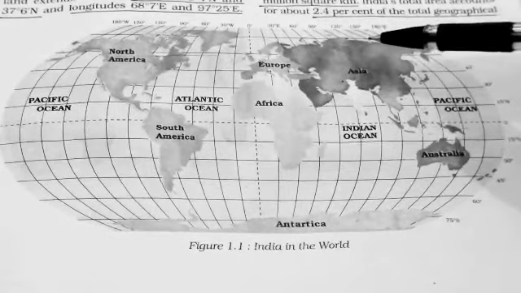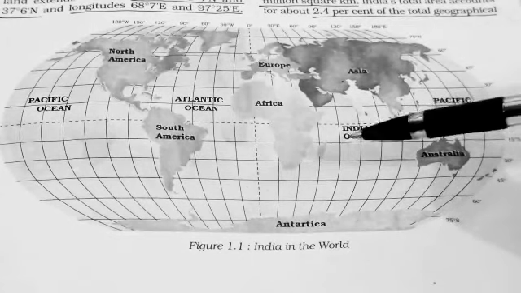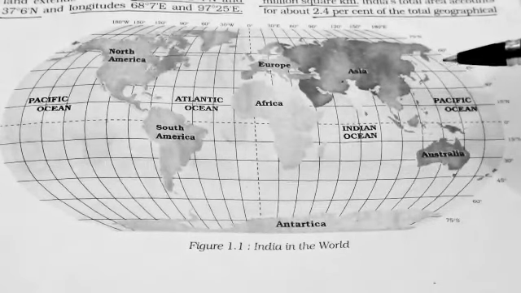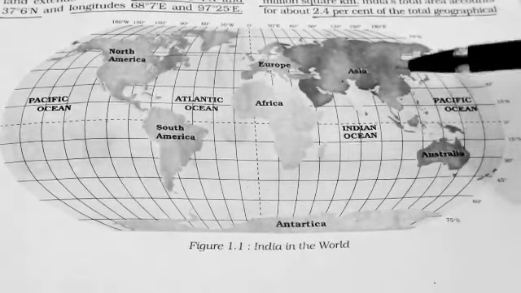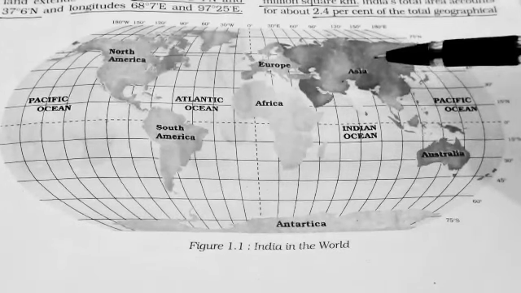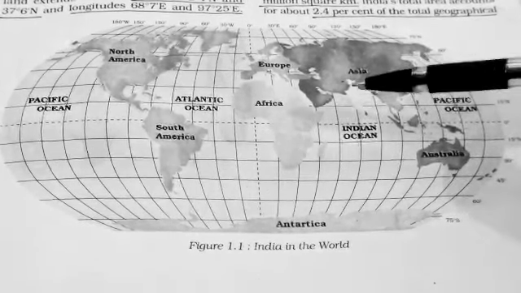This part is called the northern hemisphere and this part is called the southern hemisphere, and obviously we can see here India lies completely in the northern hemisphere.